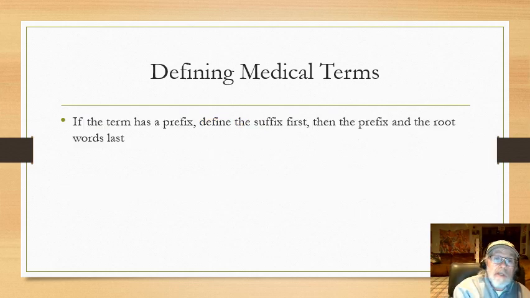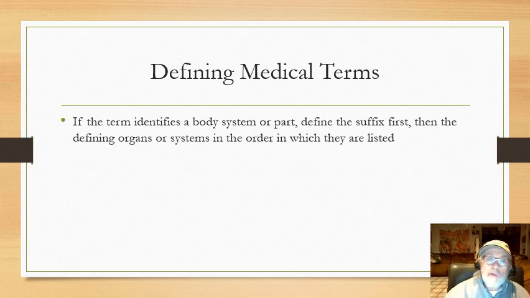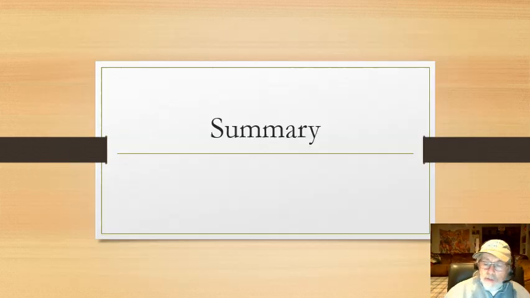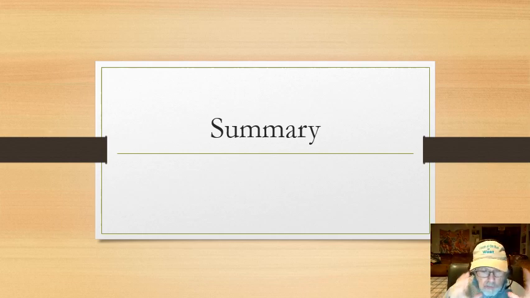Okay, so this is just again to define the suffix first, and then go to the beginning of the word, read from left to right. Okay, and same thing here. So basically, we've talked about the rules I think you need to know, and this is the important scheme by which, I can't say all, but many medical terms we have are either made or defined.